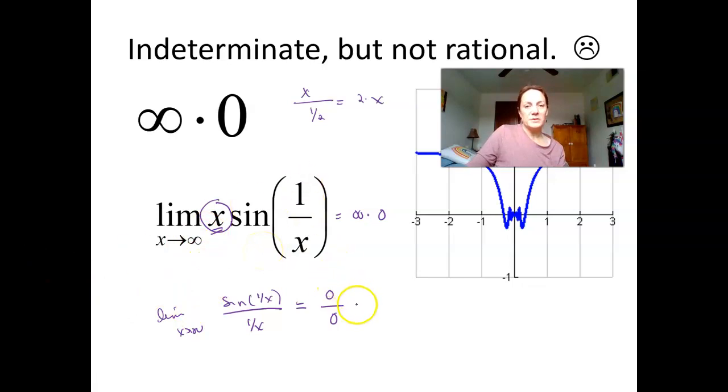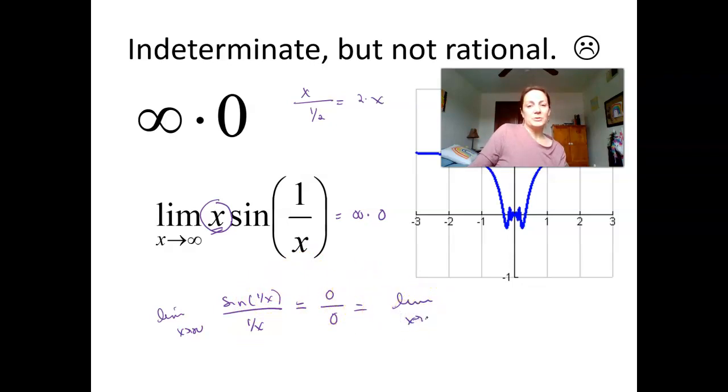Once you've got it as 0 over 0, it's a real quick L'Hopital, right? I'm not going to write out the whole statement because I know you don't like it when my videos are long. But remember, you have to say, since this function is equal to 0 and this function is equal to 0, L'Hopital states that, here's my new limit.